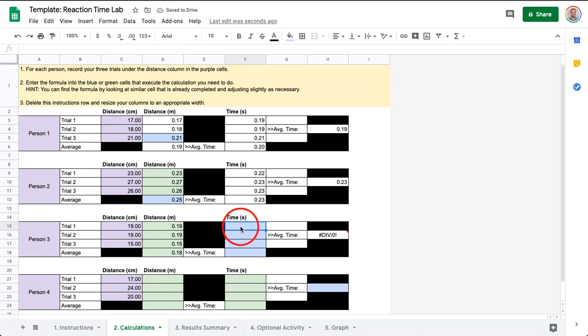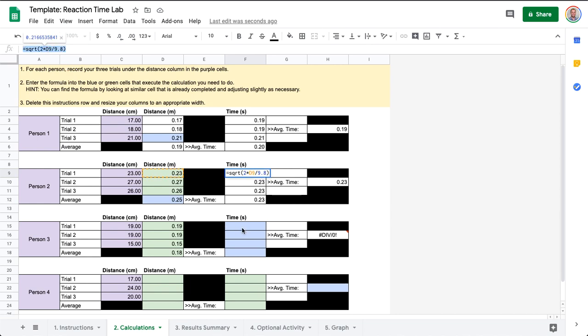Now we have to enter a new formula which converts the distance into time. To figure this out, we saw that in the previous two people's sections, it actually computed it automatically. So we can take a look at those formulas up here in the formula bar, and try to replicate that here.